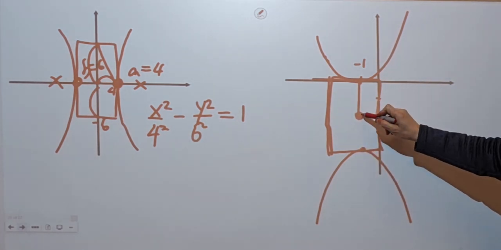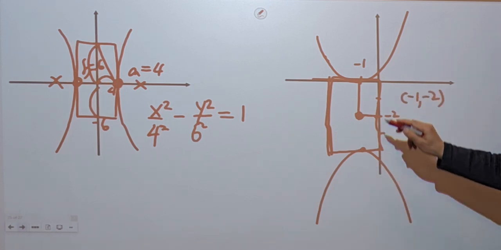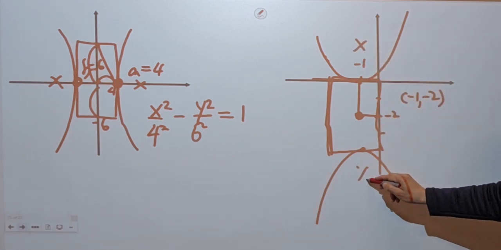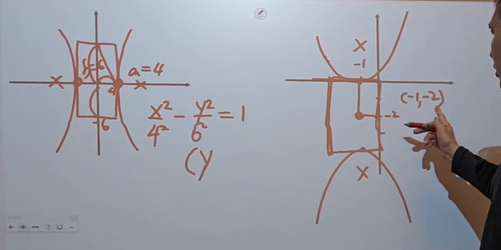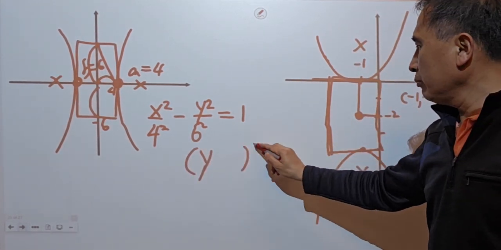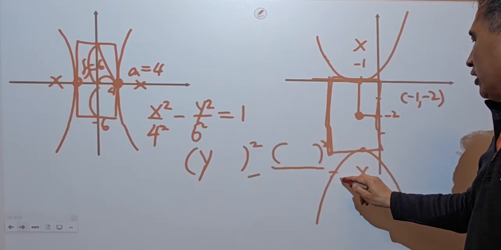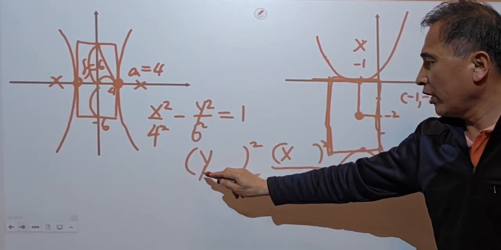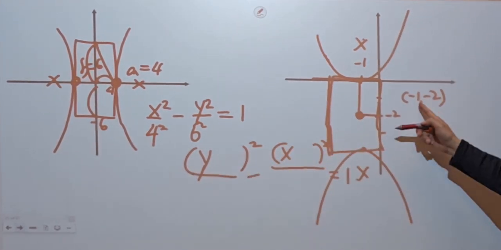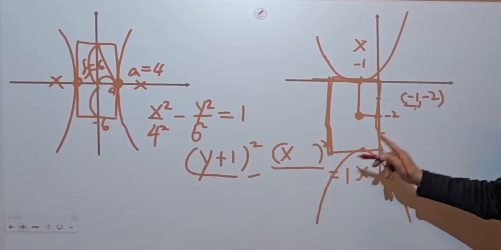Here the center is (-1, -2), and the vertex is on the y-axis side. So you need to write y first, but the center is not (0, 0) anymore. So something squared minus something squared equals 1, and because it's on the y-axis side you write y first.